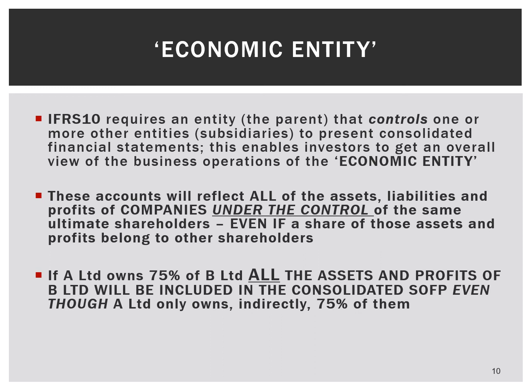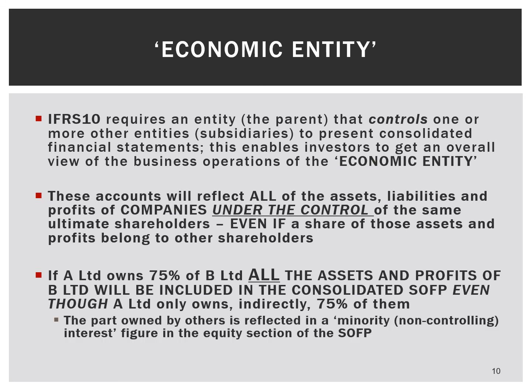And there's an example: if A Limited owns 75% of B Limited, then we don't just include 75% of B Limited's profits, we don't include 75% of B Limited's assets and liabilities, we include all of them, 100%, even though legally we only are entitled to 75% of those. And how do we deal with the difference?